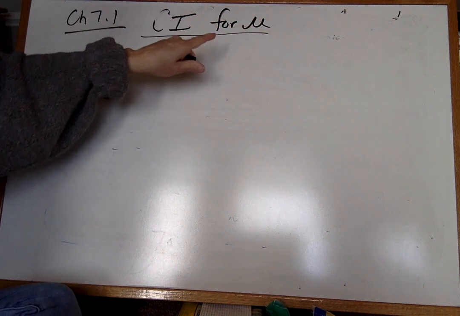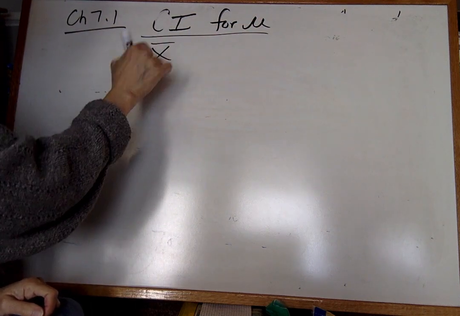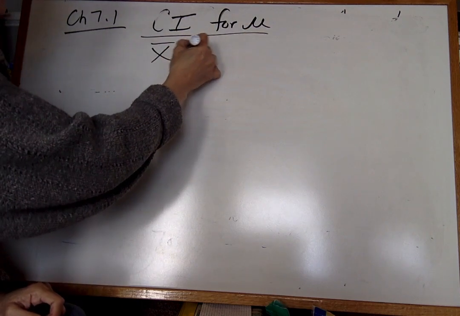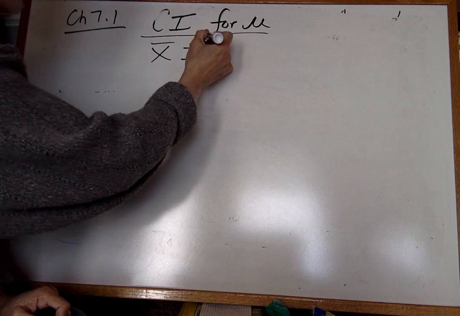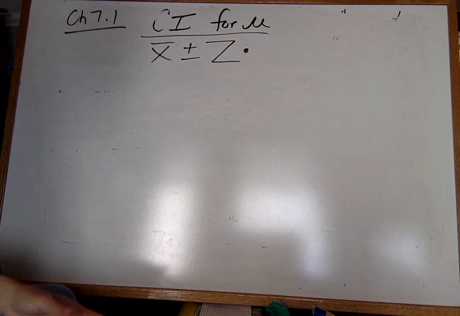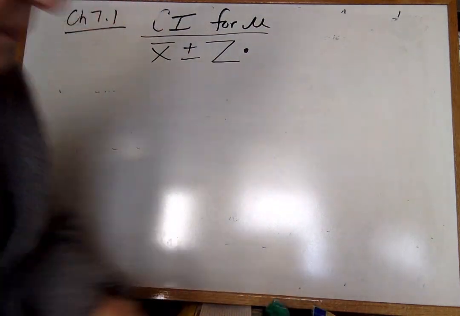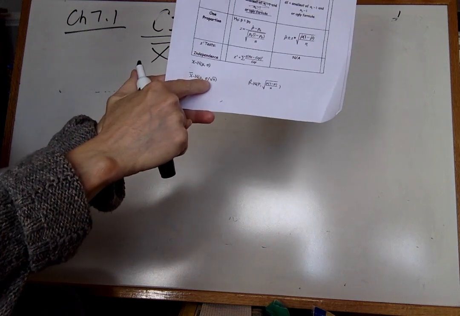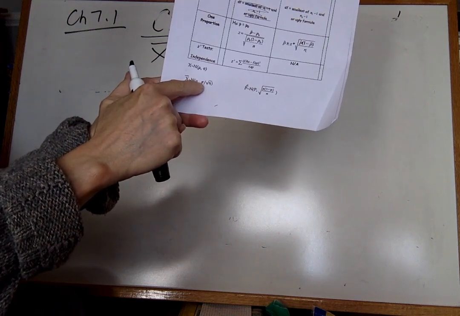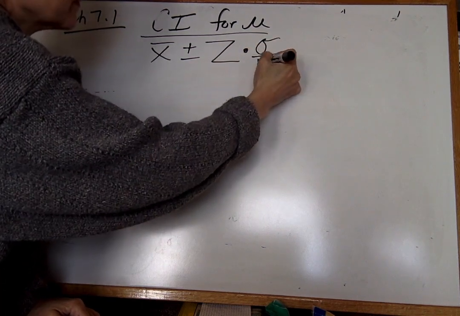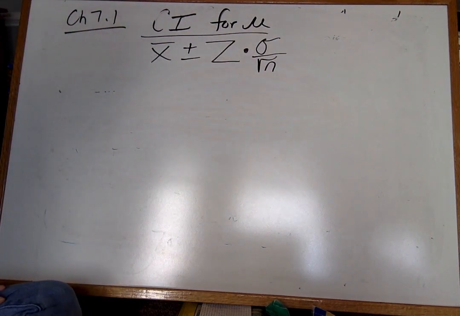If this is the population mean, then we use the sample mean as an estimate of the population mean. So X bar plus or minus, the formula says we're supposed to do Z times the standard deviation of X bar. Think back to the video before break. Standard deviation of X bar is sigma over square root of n. So hopefully that looks familiar and that you've been using that a lot in homeworks for handout 9.